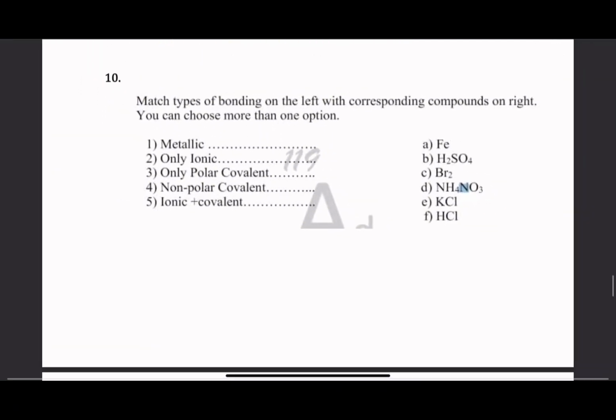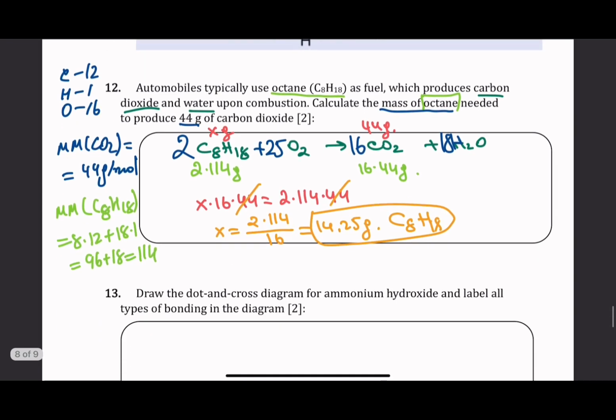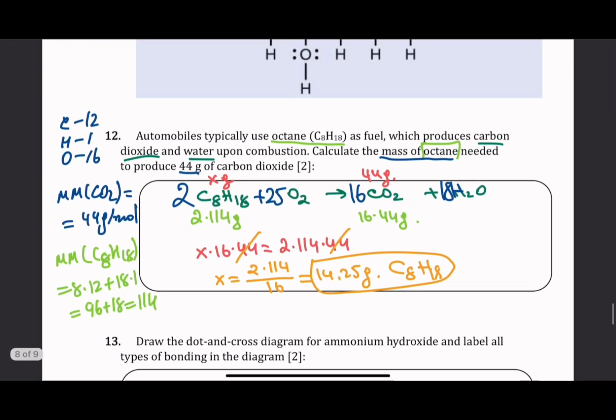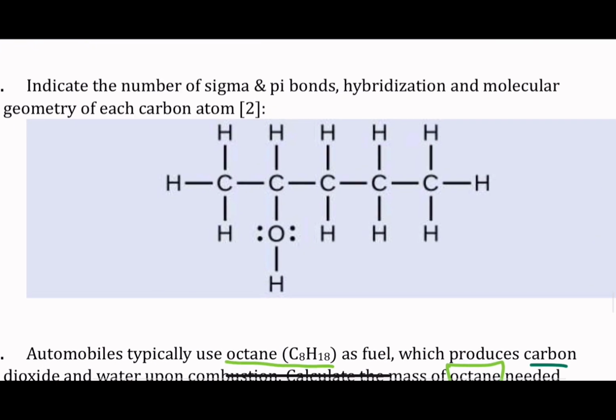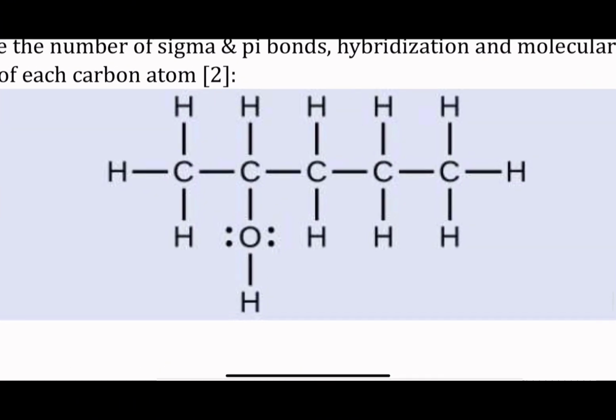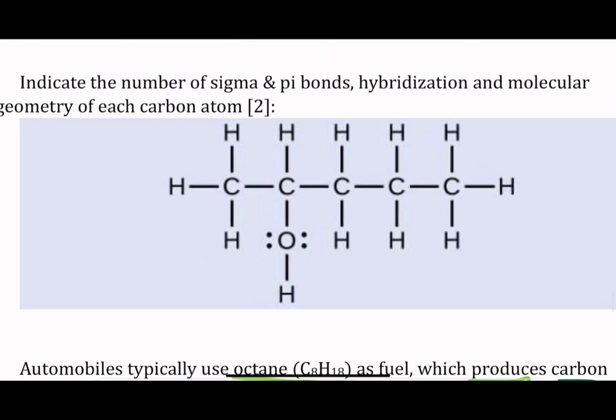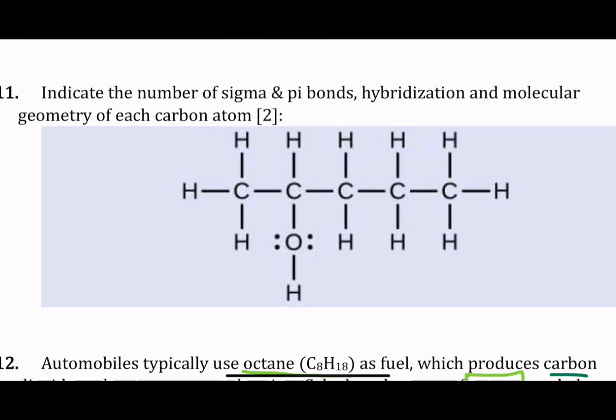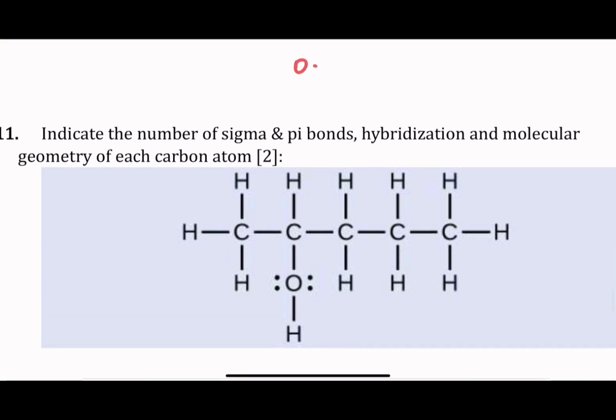Now, I'm going to come back to question 10 after I do the dot cross diagram of ammonium hydroxide. But before I do this, I'm going to do question 11 for you. Now, in question 11, we're given the number of sigma and pi bonds. So right away, I'm going to tell you that because we don't have a double bond, there are 0 pi bonds.